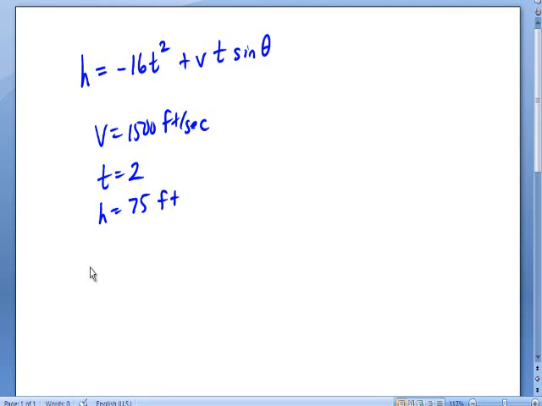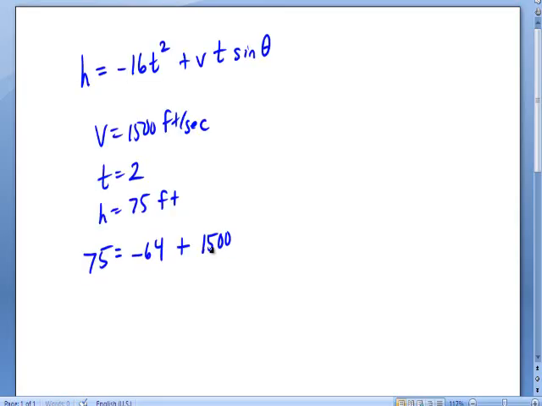Alright, after plugging in all the values, h we said was 75. Plug in 2 for t and then multiply that through, we end up with a negative 64 plus the initial velocity times t. So 1500 times 2, I'm going to go ahead and write that as 3000 times the sine of theta.